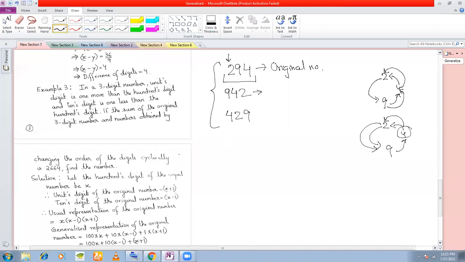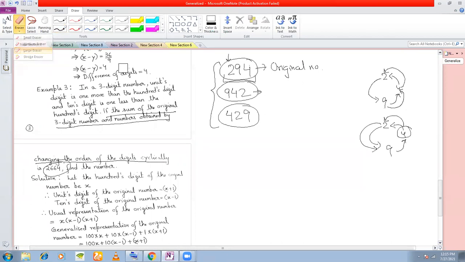And what is given here? That the sum of the original number and the numbers obtained by changing the order of the digits cyclically, that is the sum of this number plus this number plus this number, is given to be how much? 2664. This was just an example to show you.